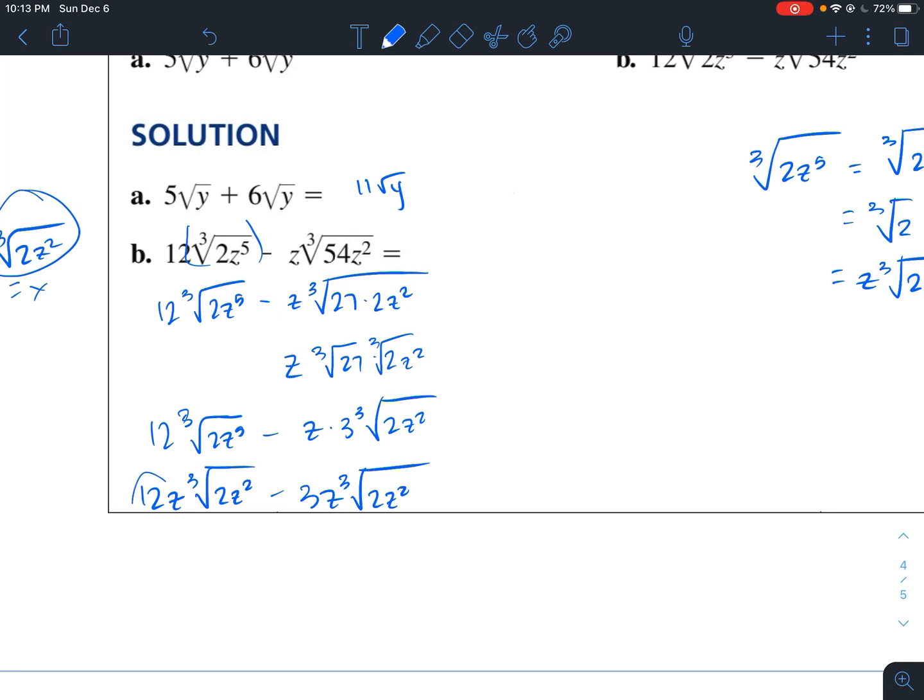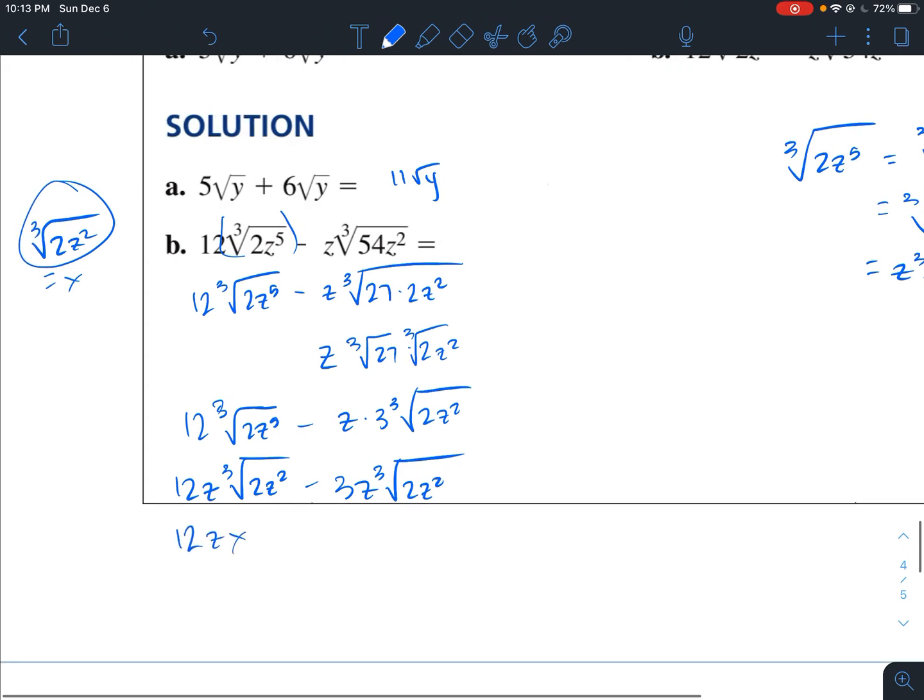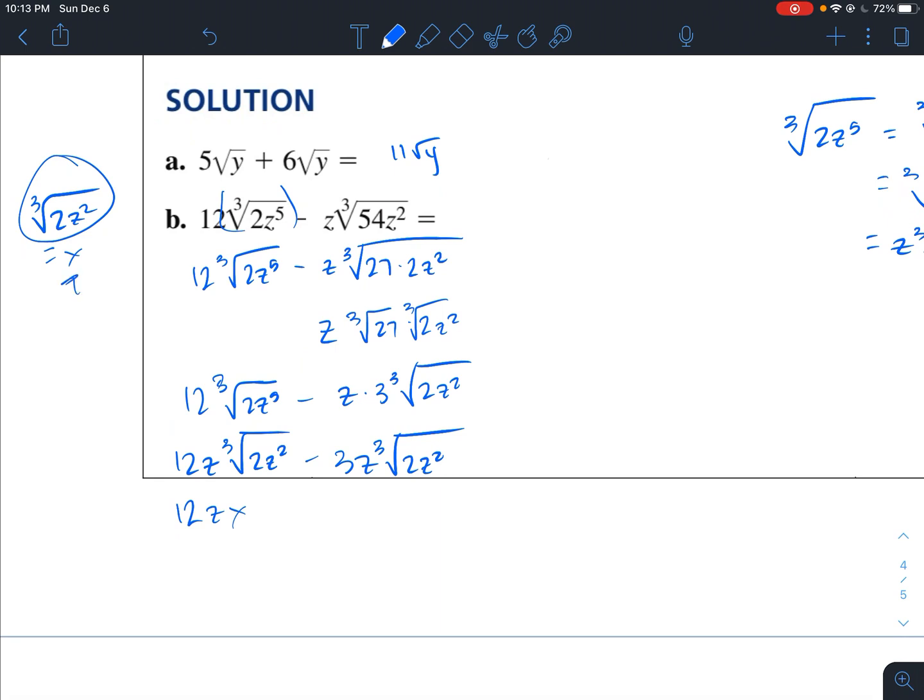So you see here that I now have like terms, where I could say this is 12zx, because I can make a little substitution if it makes sense to you, minus 3zx. So in short, this would be equal to 9zx, or I can write that as 9z times the third root of 2z squared.